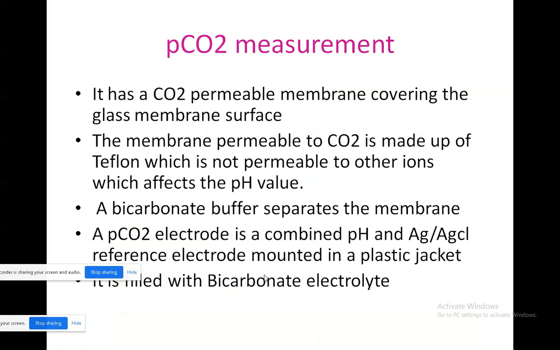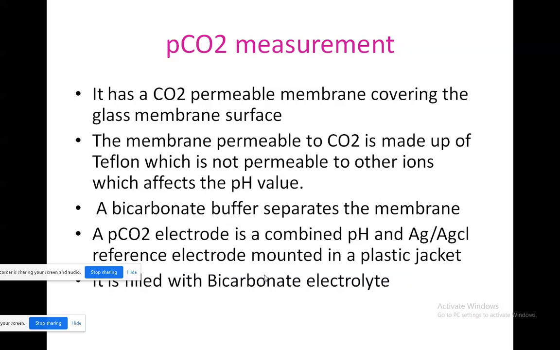The membrane permeable to CO2 is made of Teflon, which is not permeable to other ions that would affect the pH value. So Teflon will permit only the CO2 gas and other ions will be blocked.